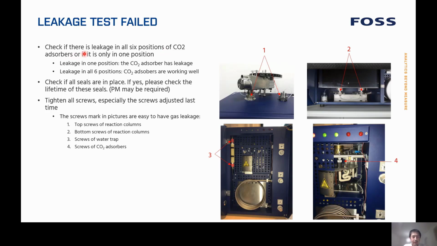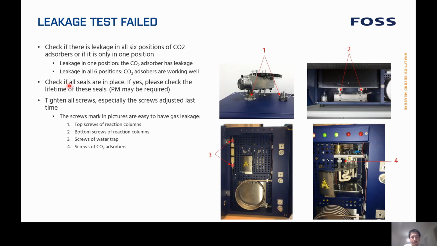So check if there is leakage in all 6 positions of the CO2 trap or only one position. If the leakage is in one position, that means that CO2 absorber has leakage. If there's leakage in all 6 positions, then the CO2 traps are working fine, so the leakage is from other positions.